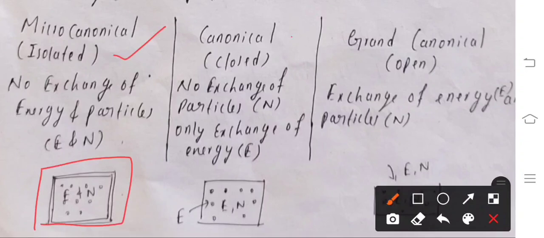The microcanonical system is very simple. There is no exchange of energy and particles, and we can also call the microcanonical system an isolated system.